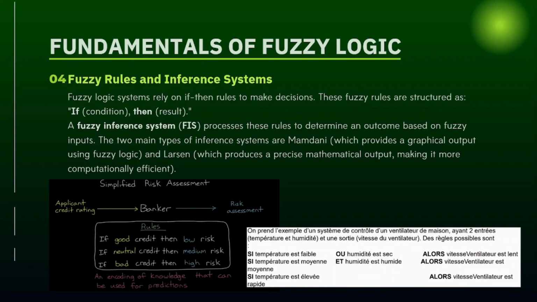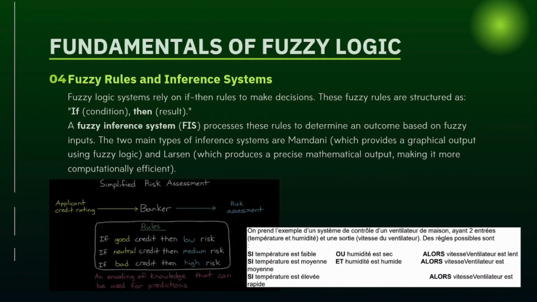The two main types of inference systems are Mamdani, which provides a graphical output using fuzzy logic, and Sugeno, which produces a precise mathematical output, making it more computationally efficient. But we are going to stick to the Mamdani for this video.